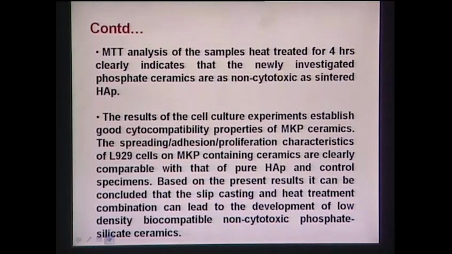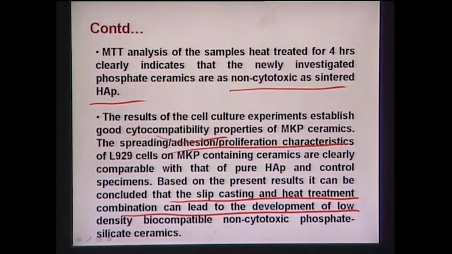MTT analysis of the samples indicates that these newly investigated phosphate ceramics are non-cytotoxic, like sintered hydroxyapatite. On the basis of this good cytocompatibility, spreading, adhesion and proliferation, we believe that the combination of slip casting and heat treatment can lead to the development of low density biocomposites with non-cytotoxic properties.